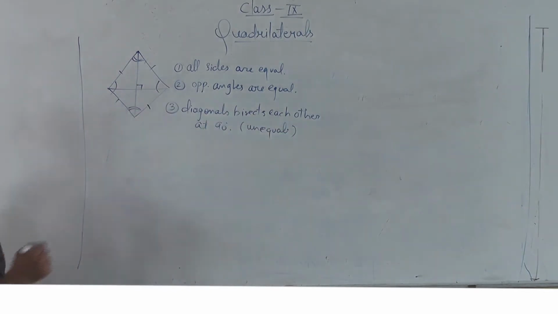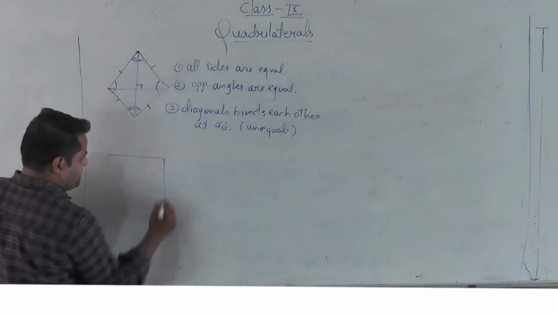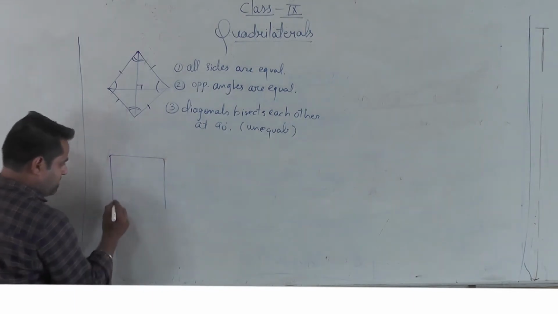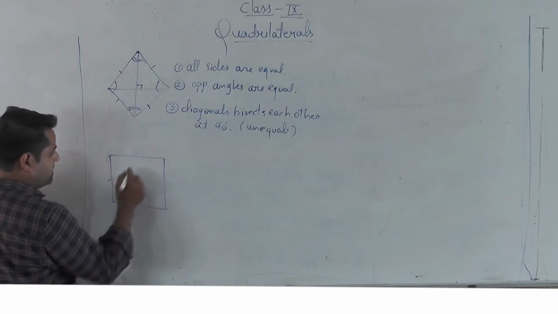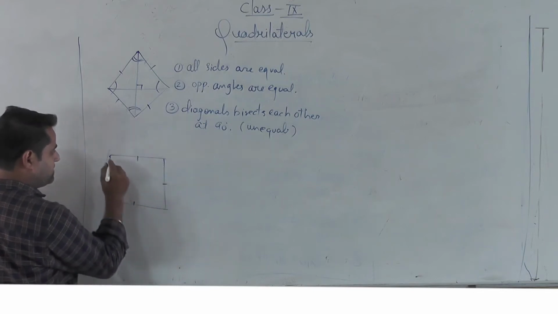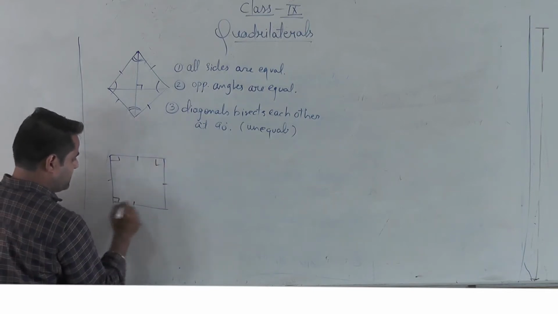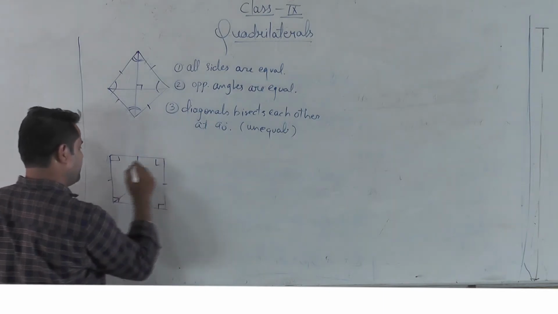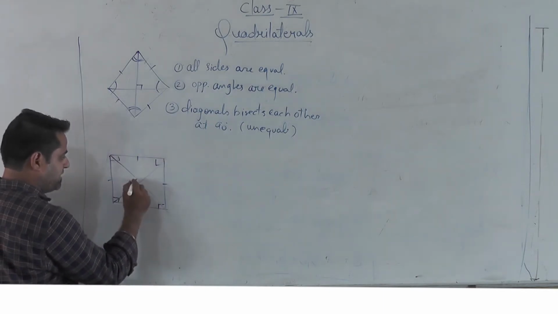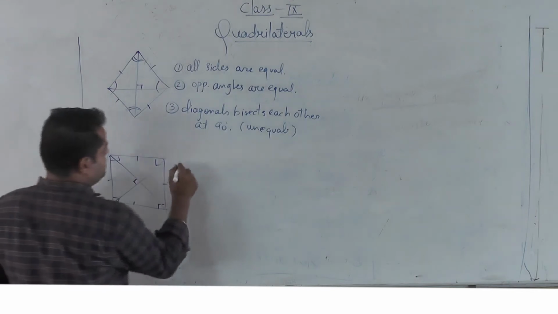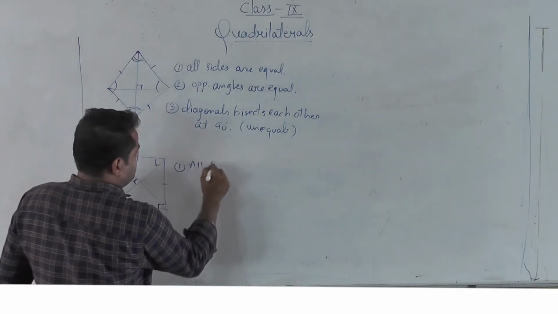Okay. Now a square. A square is a very model shape in the quadrilateral. It is having all sides equal, all angles equal, diagonals equal, diagonals bisect each other at 90 degrees. So all model properties: first, all sides equal.